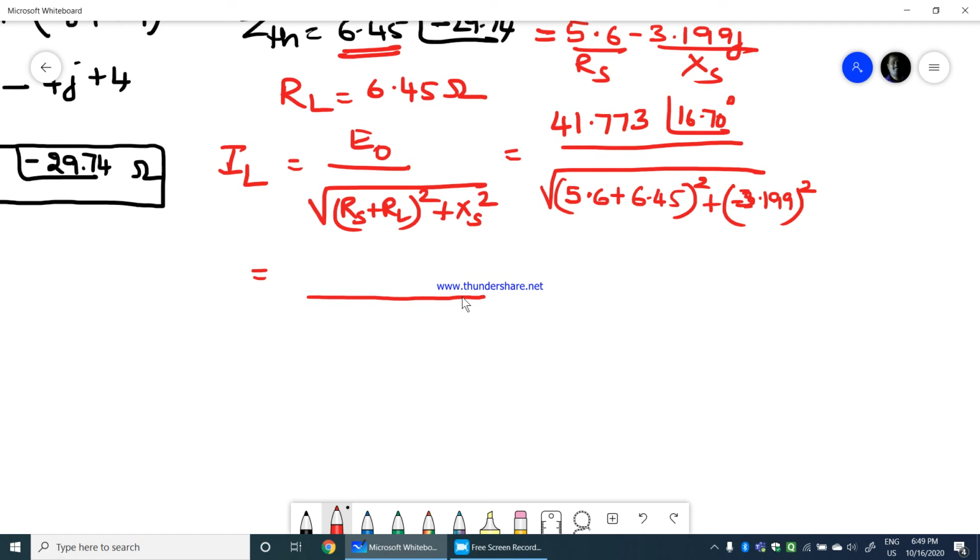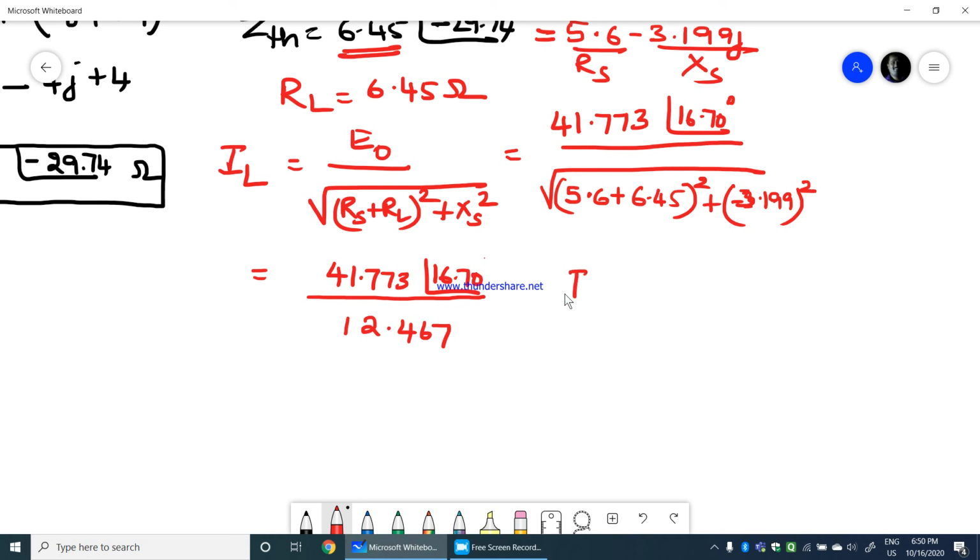Square of this is 145.205. That would be added with minus 3.199 square, so you get 155.43, and the square root of that is 12.467 in the denominator, and in the numerator you get 41.773.